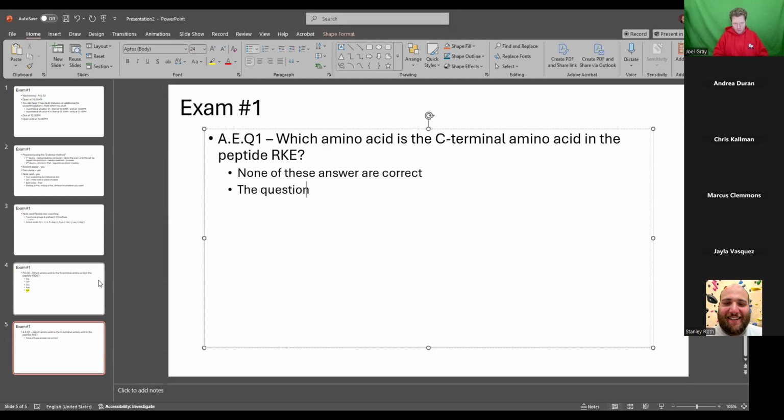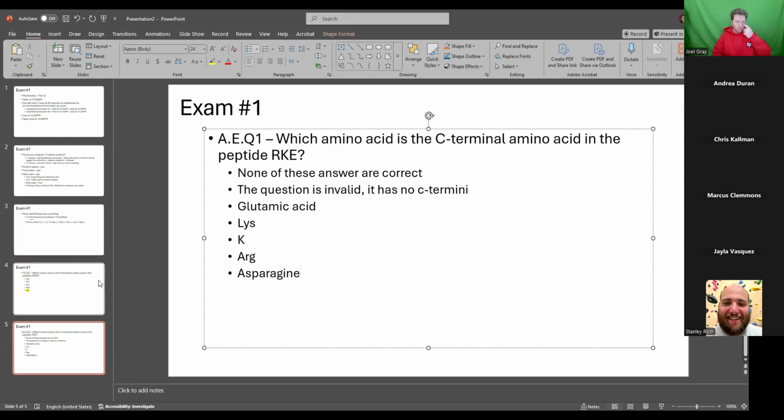The question is invalid. It has no C termini. Glutamic acid, lysine, OS, a K, ARG, and asparagine.